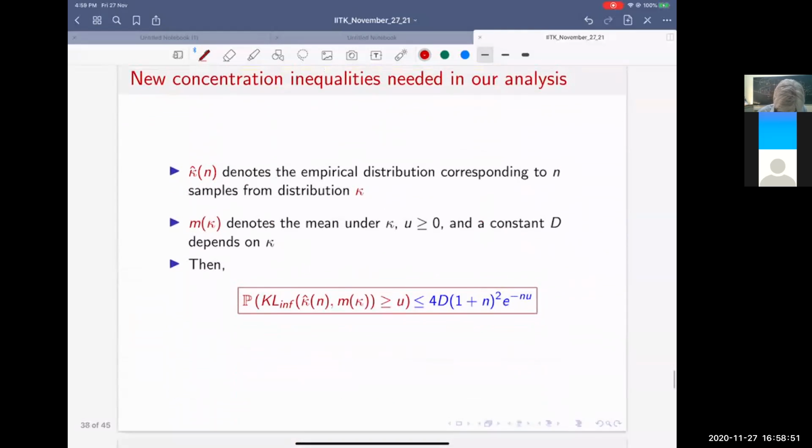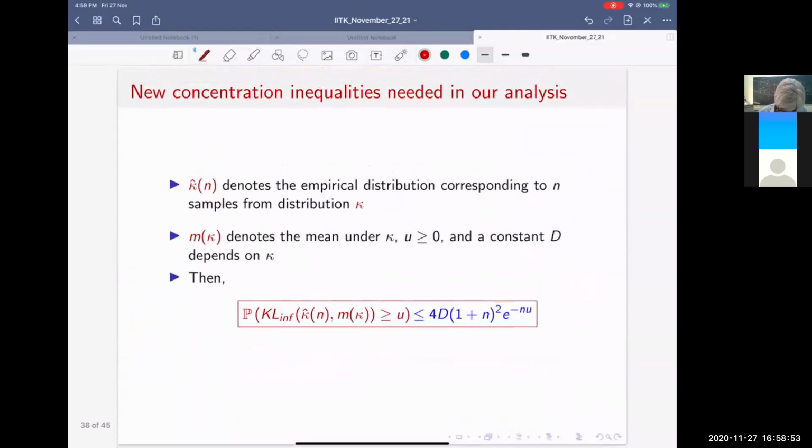So to come up with a supporting analysis to show that the algorithm that you have works, you need to develop some kind of concentration inequalities for this function right here. So this is the empirical distribution corresponding to the underlying distribution kappa. This is the true mean of the distribution. So if the true mean was m of k and we put the true distribution kappa here, then KL inf will be 0.